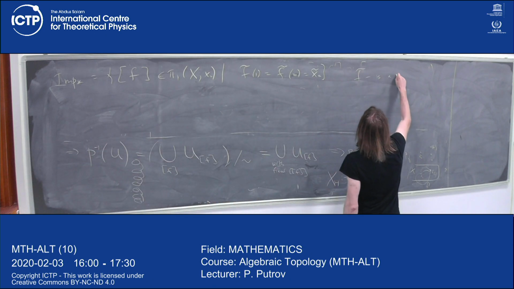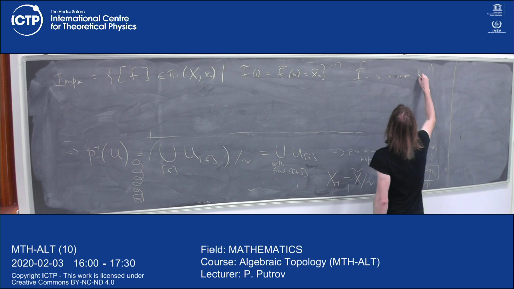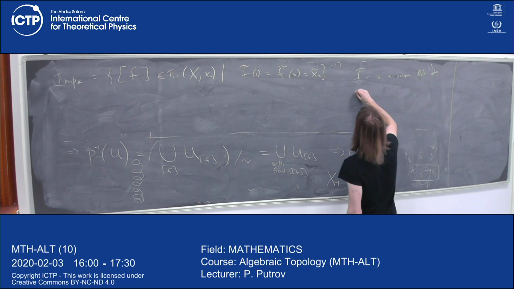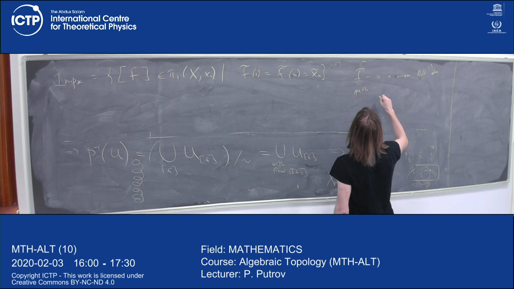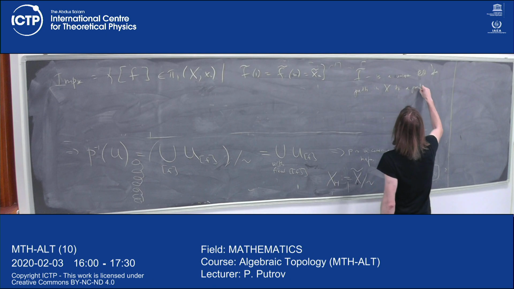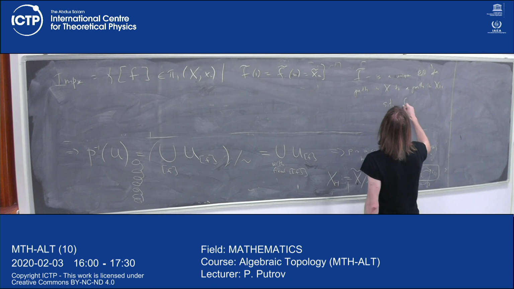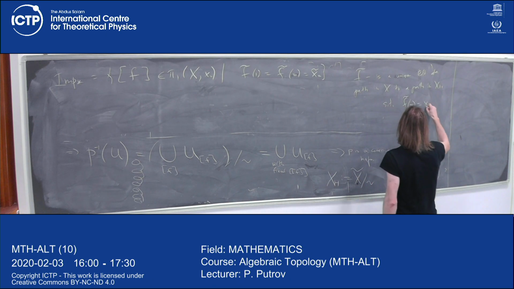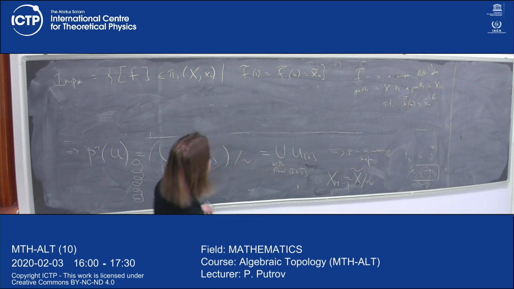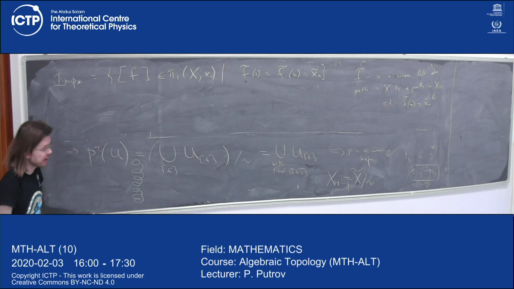F tilde is the unique lift of a path in X to a path in X_H, such that it starts with a fixed base point X0 tilde. So the non-trivial condition here is that the lift is such that the endpoint is also X0 tilde.